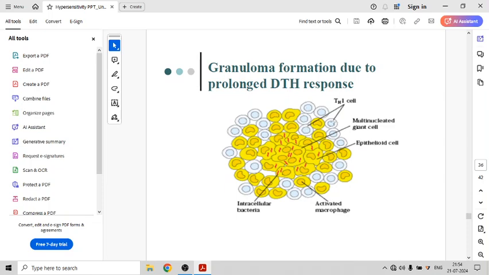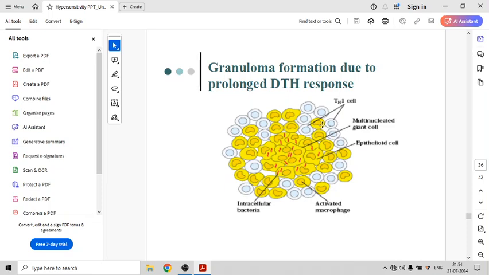Such a large aggregation of cells in an area, Th cells as well as macrophages, confines the infection to only one area and does not allow the infection to spread to other areas. Where the intracellular parasite has been surrounded, it is called granulomata formation.